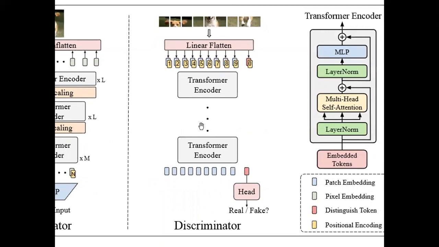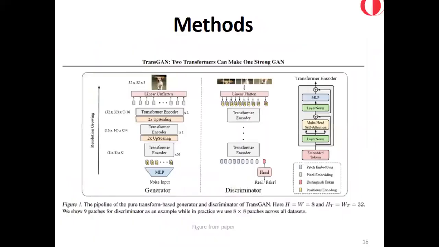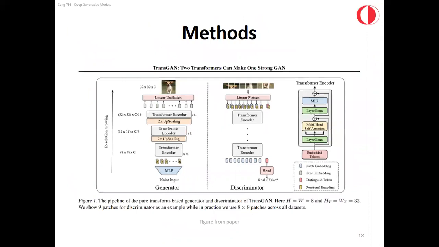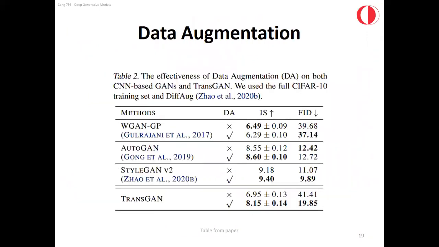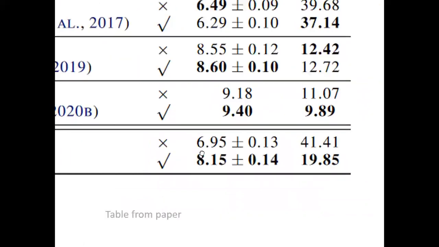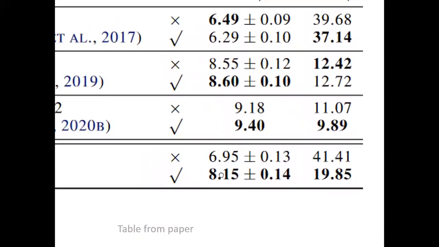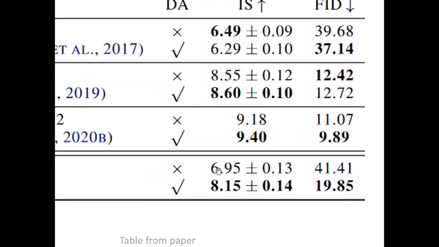So this is so similar to the vision transformers. In the experiments, they do some data augmentation, and we see that TransGAN with the data augmentation, the performance is increasing, as you see here.